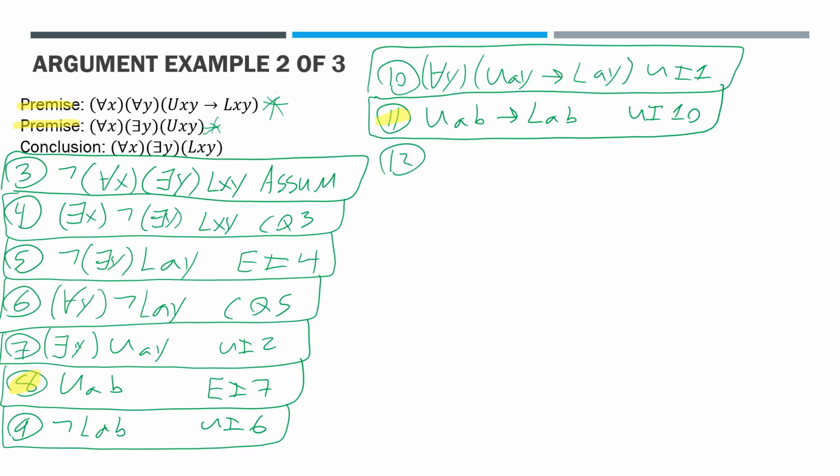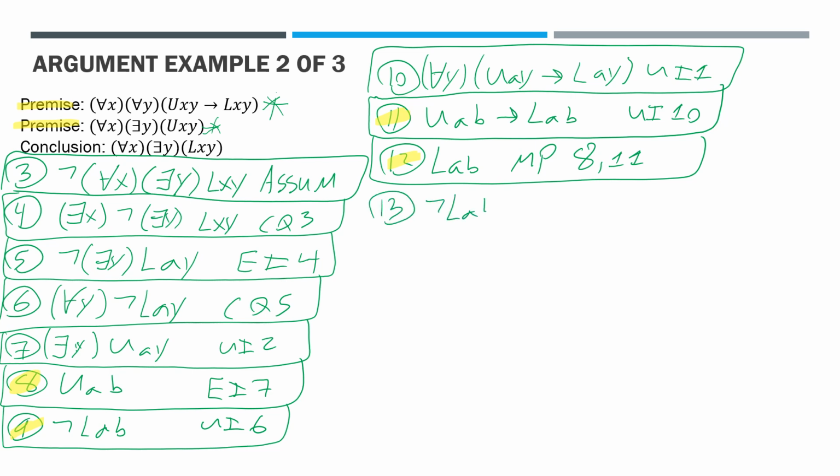So for 12, we can get LAB, modus ponens, 8 and 11. And now note that 12 has LAB, but 9 has a contradictory of that, not LAB. Hence for 13, we'll say not LAB and LAB, conjunction of lines 9 and 12.